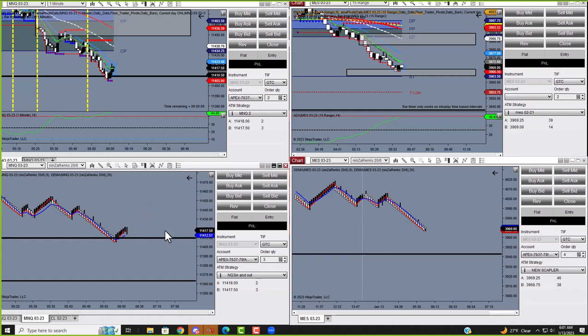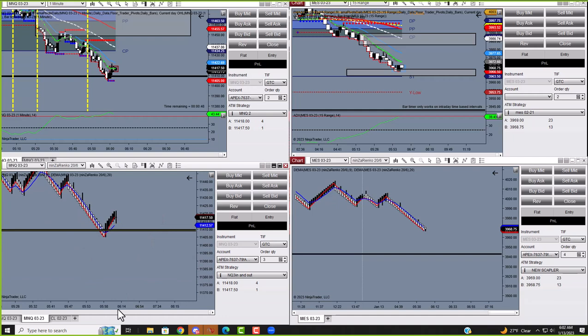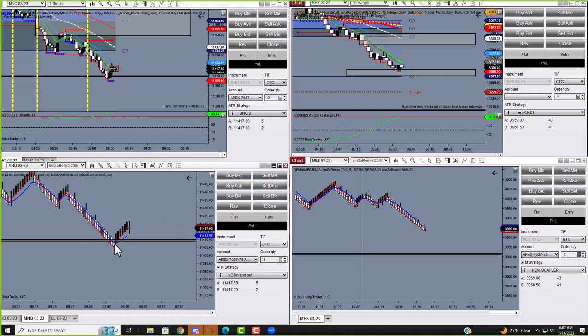And I changed it last night. The Renkos are now 20-6, and the DMAs are 9-20. It's going to get us in the trade sooner. You see how the crossing happened? How did you come up with the Renko size?